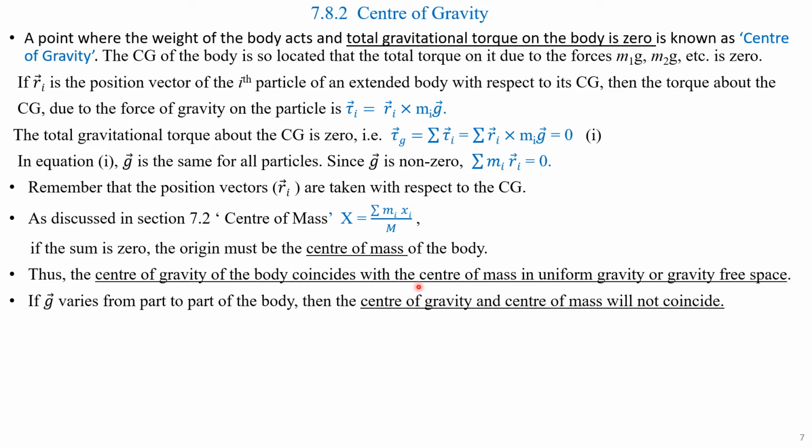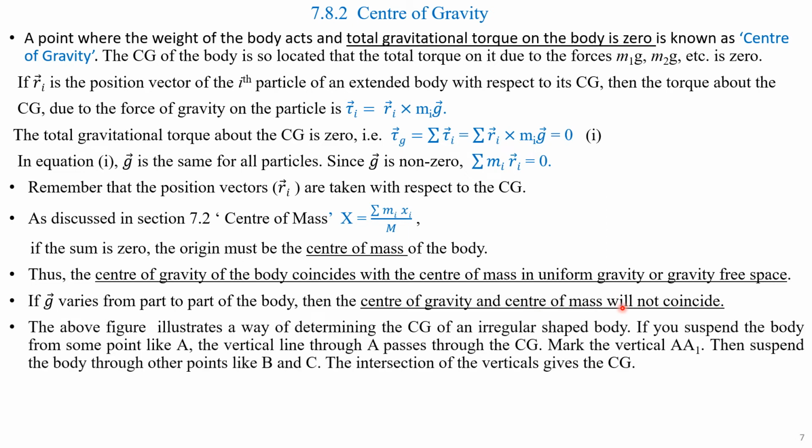Next point. If vector g, the acceleration due to gravity, varies from part to part of the body, then the center of gravity and center of mass will not coincide.